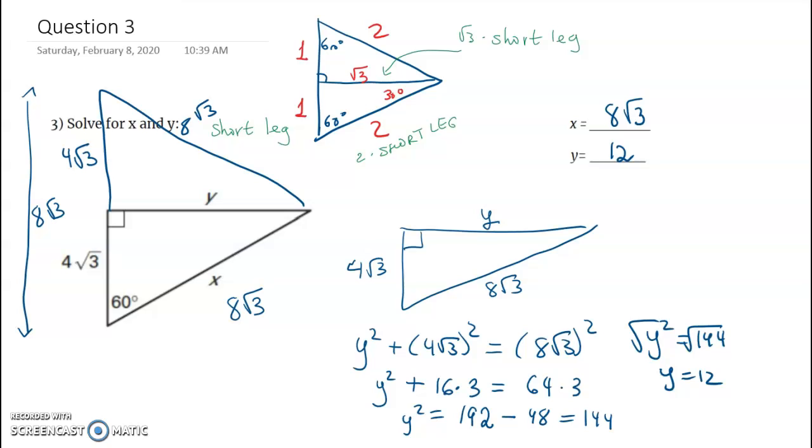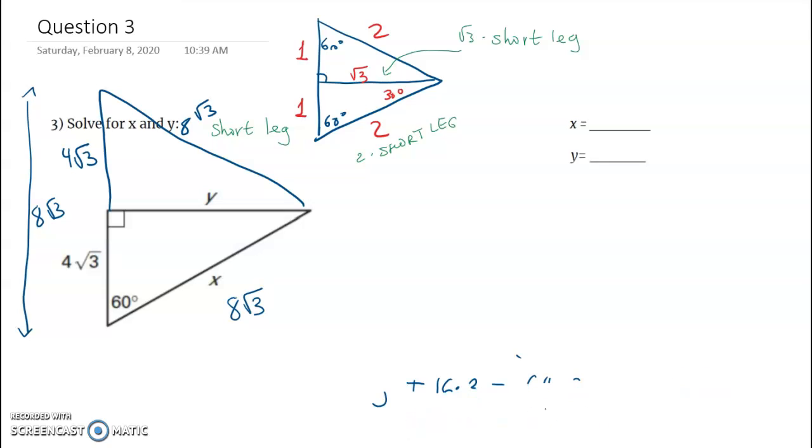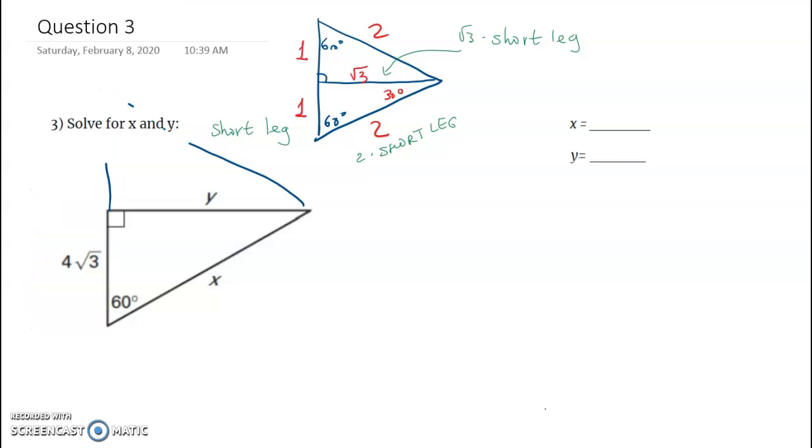And now I'm going to not use the Pythagorean theorem for a second, so I'm going to erase this. And instead I'm going to use the relationship within the triangle and go from there. Okay, so I'm going to leave my picture on the top to kind of help me move around the triangle. So what this kind of tells me is that if I would like to move from short leg to hypotenuse, I would have to double the number.